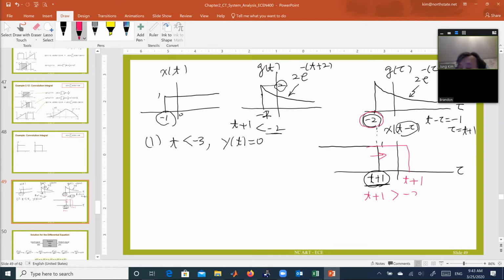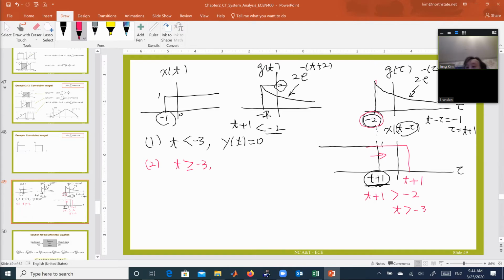So in this case t is greater than or equal to minus 3. Then we have overlap, and the overlap is from minus 2 to here.